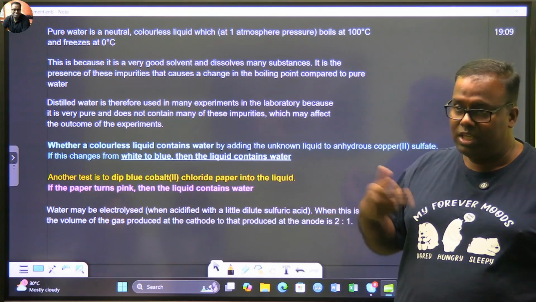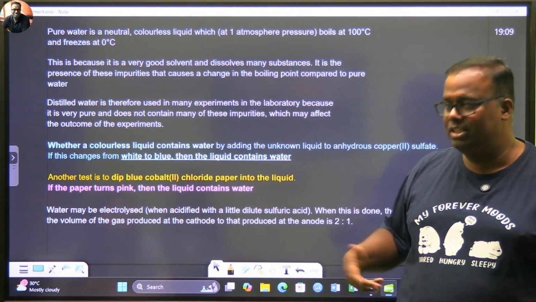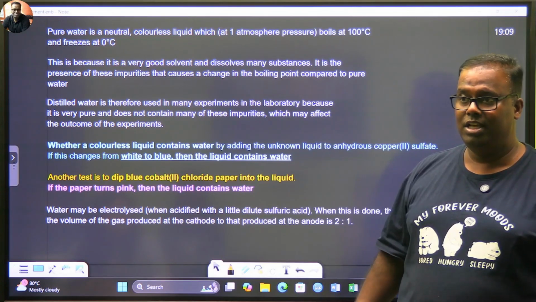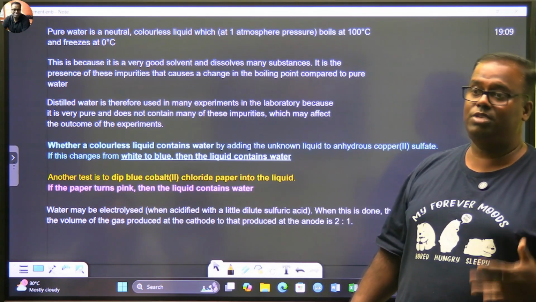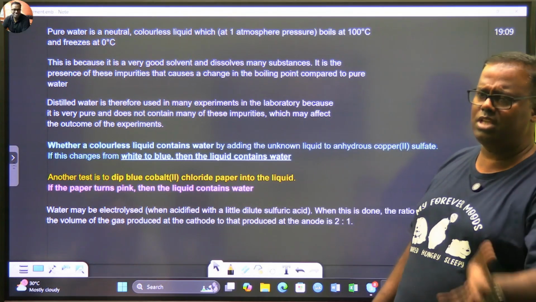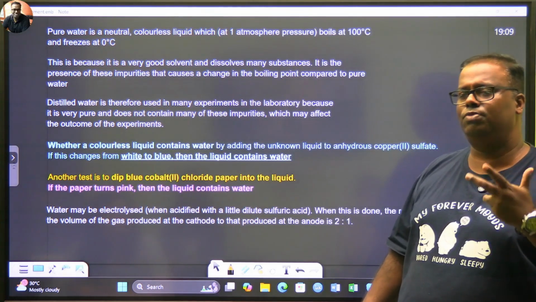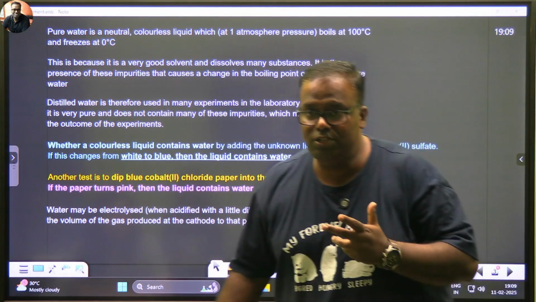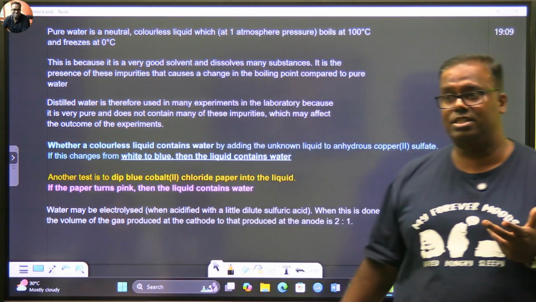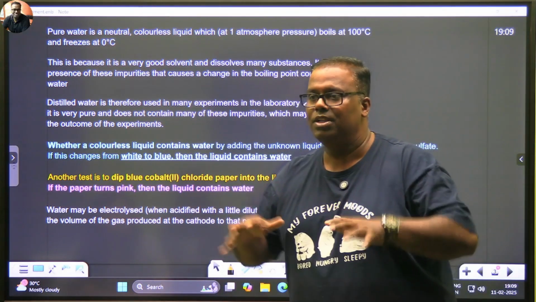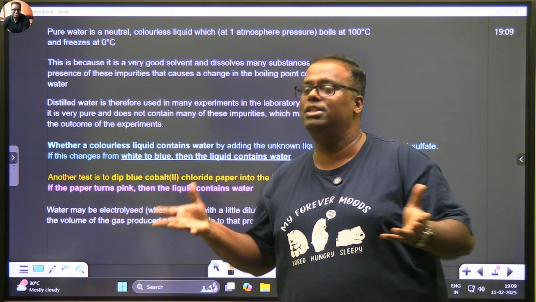Therefore, getting pure water on this planet Earth is actually difficult, because it's a very good solvent. The moment it crosses any chemical, there is a 100% chance that some percentage of it will dissolve, and it's not only solids and liquids, even gases get dissolved in water.